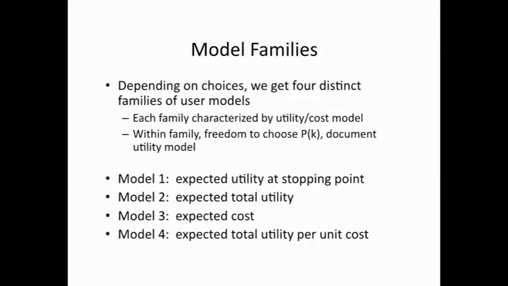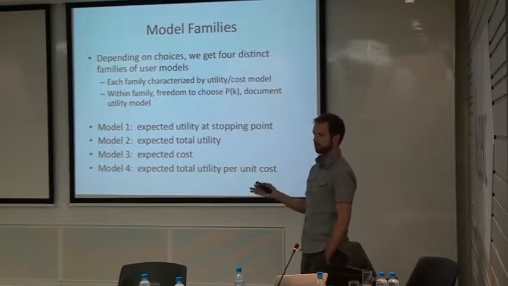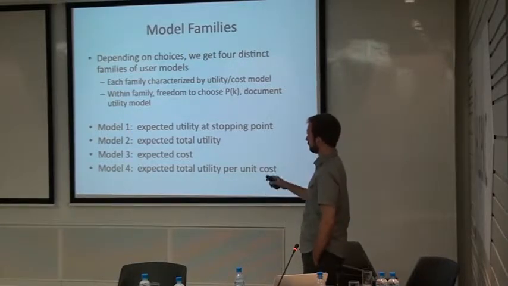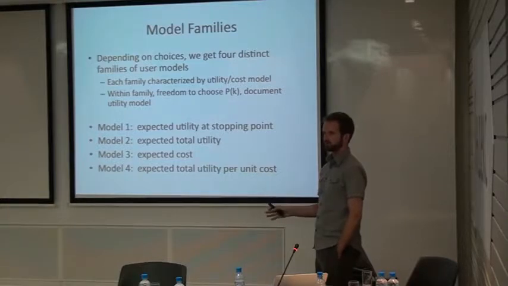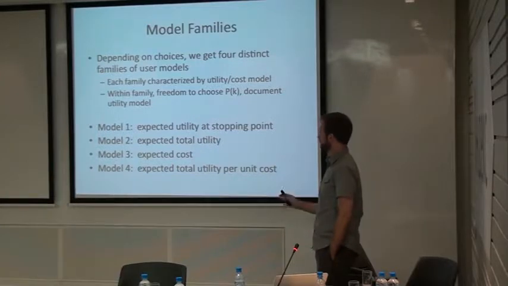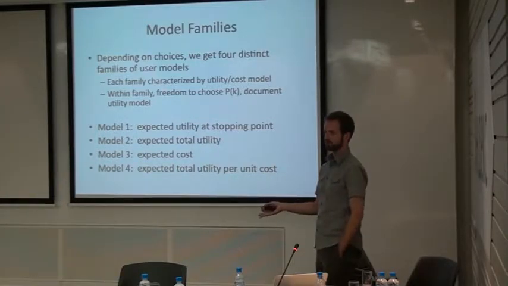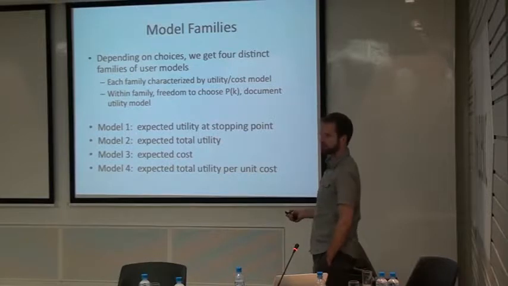And then I'm going to change the gain function to either a utility function, so an explicit utility function based on the relevance of the documents up to some rank, or a cost function, which is a function of the number of documents you have to look at to get to some rank. And then I'm going to define effectiveness to be the expected utility or the expected cost over this distribution of stopping expectations. So this is the expectation of the function f of K, which is either utility or cost.